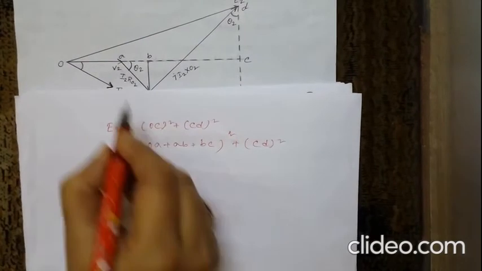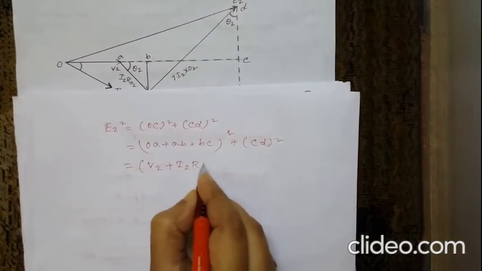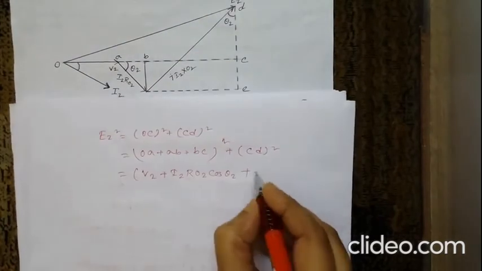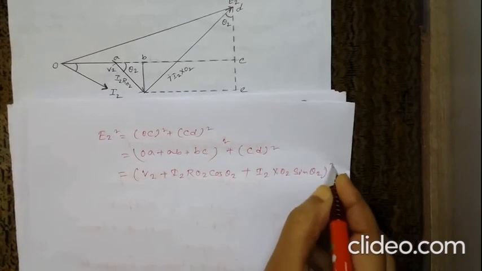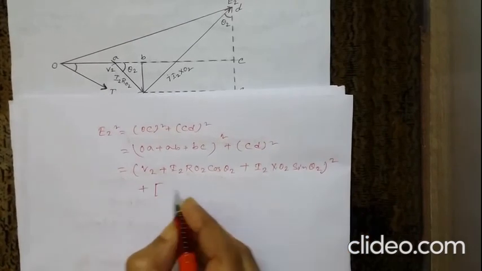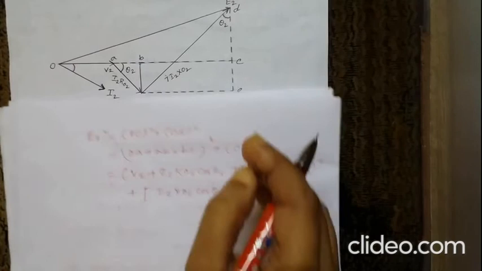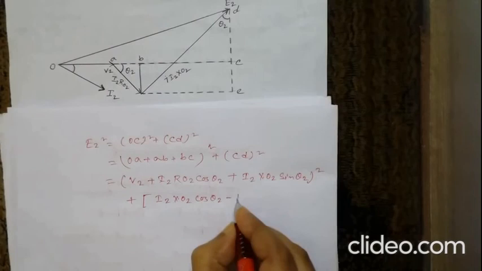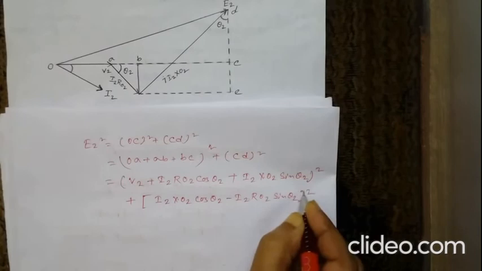Now you can write OA equal to V2, AB equal to I2 R02 cos theta 2, and BC equal to I2 X02 sin theta 2, plus CD is equal to I2 X02 cos theta 2 minus I2 R02 sin theta 2, whole square.